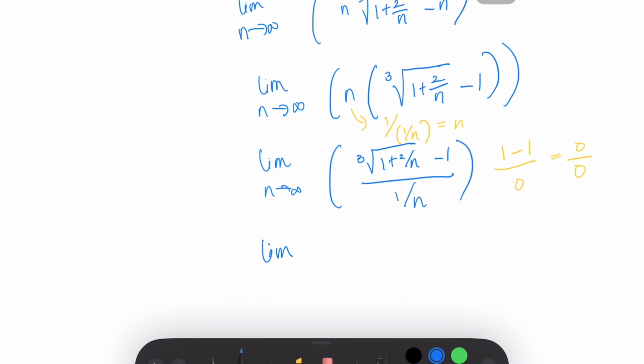So this becomes the limit of the derivative of the numerator over the derivative of the denominator. We'll rewrite this as 1 plus 2 over n raised to the 1/3 so that we can easily use the power rule.